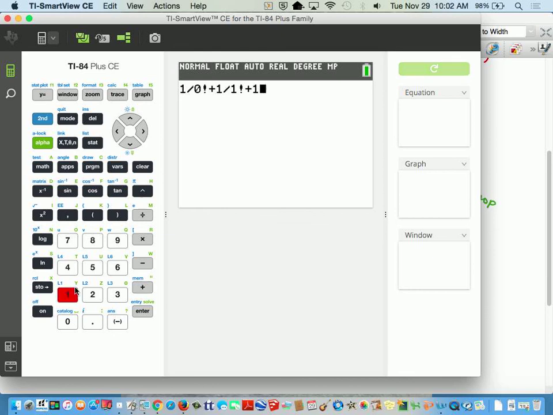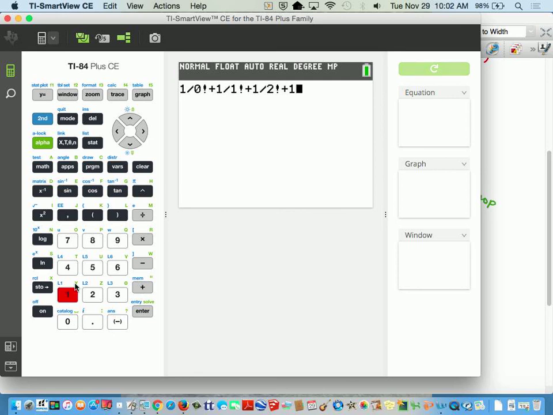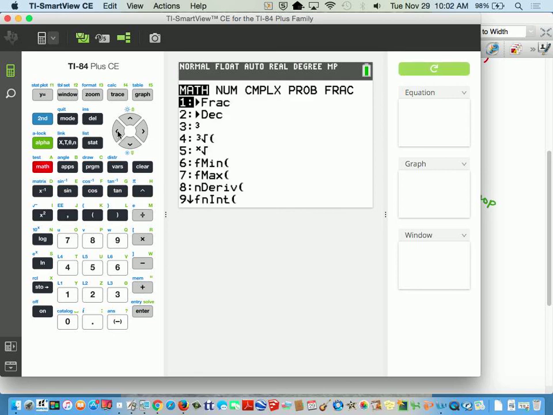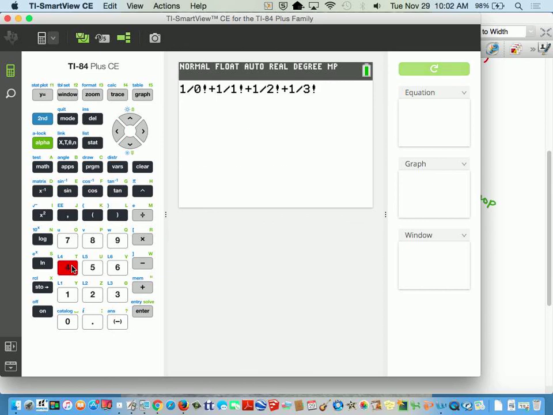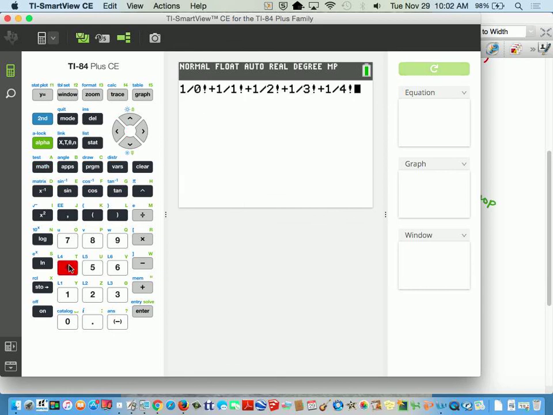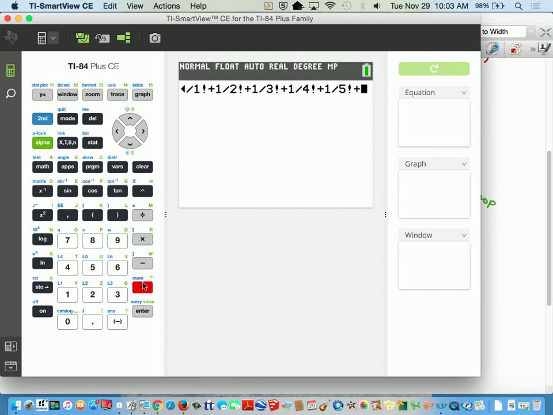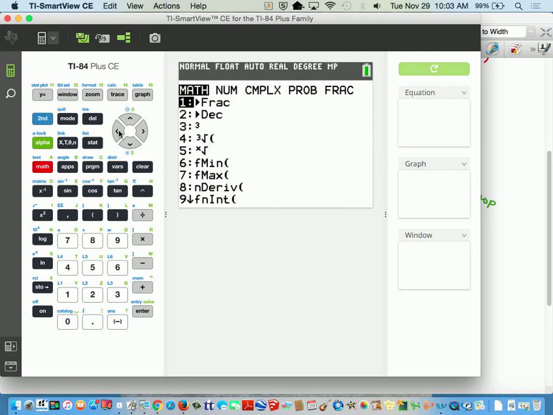Then you do 1 divided by 2 factorial plus 1 divided by 3 factorial plus 1 divided by 4 factorial plus 1 divided by 5 factorial plus 1 divided by 6 factorial. So we have 2 more left here.